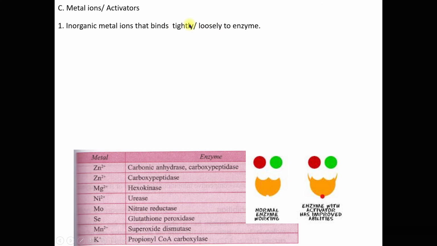You can see from here how this metal ion binds this enzyme to make this enzyme more capable, meaning to increase the velocity of the reaction that is catalyzed by that enzyme.